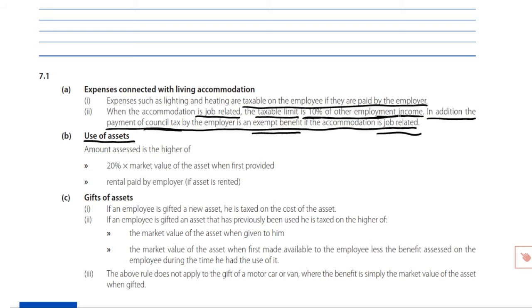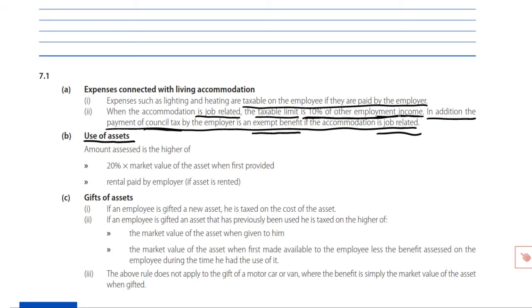If it's not job related, as the vast majority of questions are, then all of those costs, the gas bill, the electricity bill, the council tax, will be further assessable benefits in relation to the provision of that accommodation.